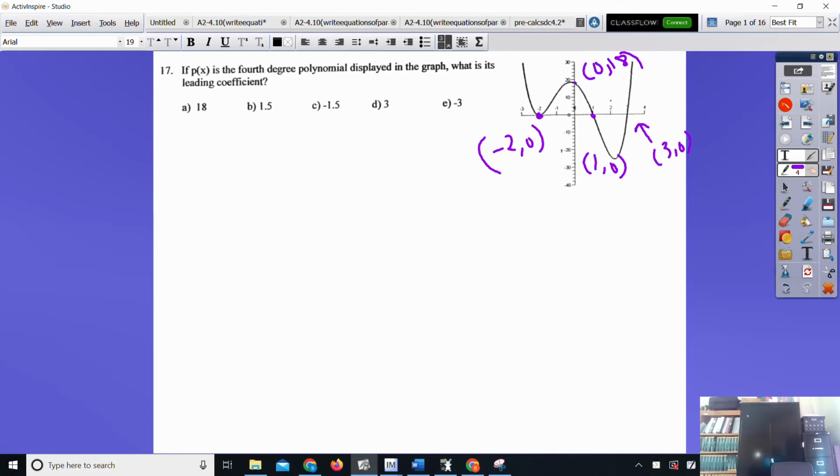Twice. Touch has happened twice. Remember, the leading coefficient starts with the letter A. That's what you actually want to find.